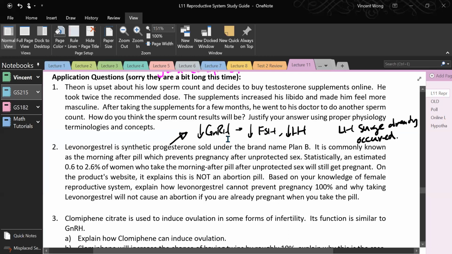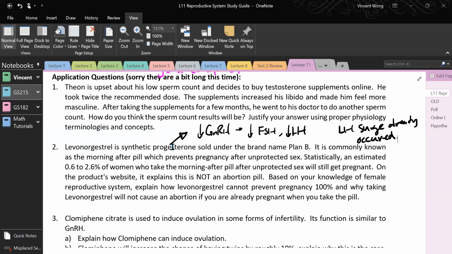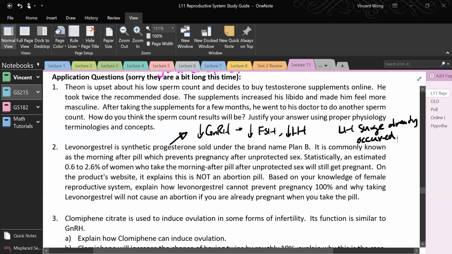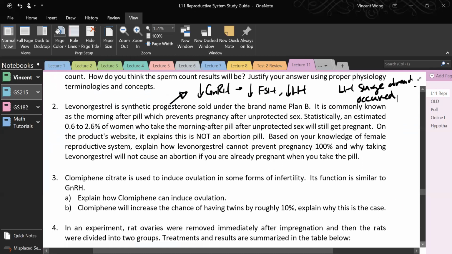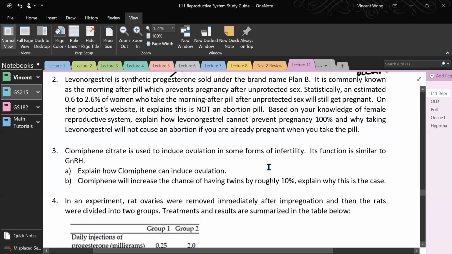When you're pregnant, the progesterone level remains high because of the corpus luteum. So taking this would just further elevate the progesterone. It will not interfere with the pregnancy at all. Is that okay? Yes. Thank you. I assume the rest of you are also okay.